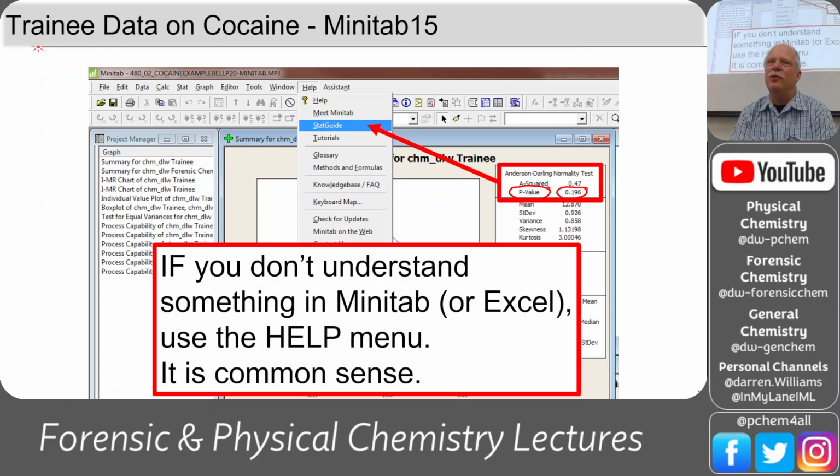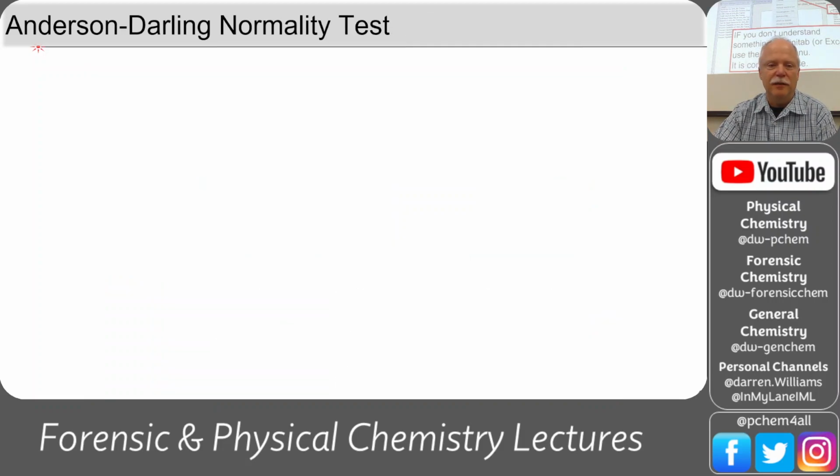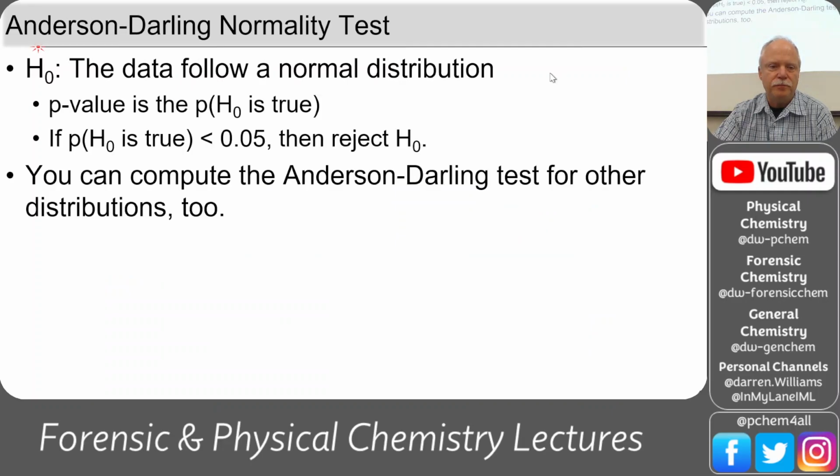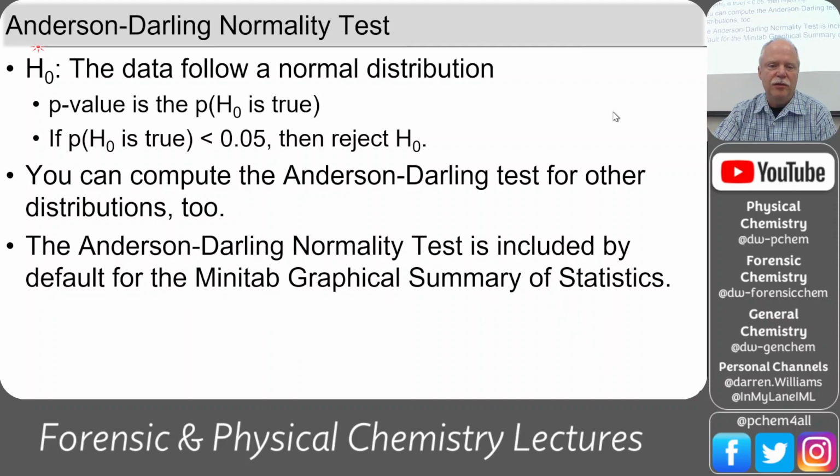So it was about a 20% chance that that data was normally distributed. So we would accept that null hypothesis or fail to reject it. You can compute it for other distributions too, but we're using it for the normal distribution by default.